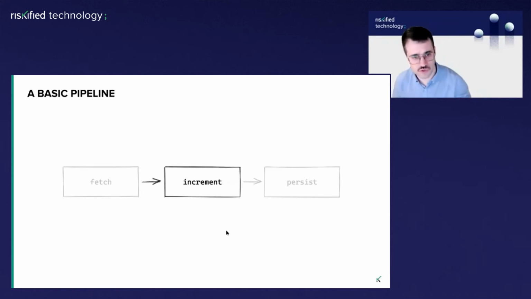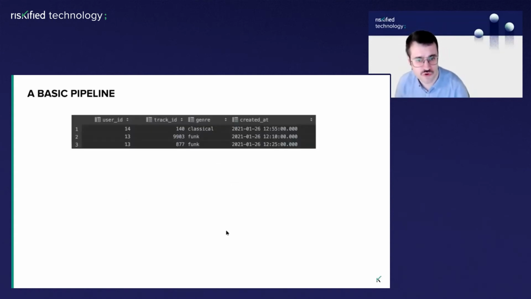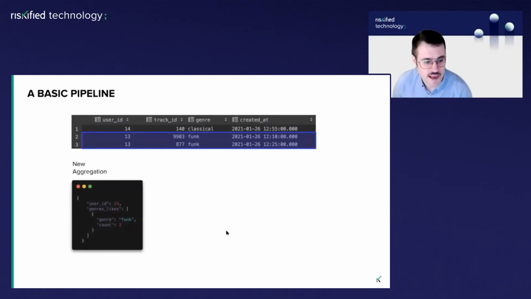The next thing we do is move on to the increment stage. The increment stage starts right where the fetch step just left us. We start by reading the data that we just fetched. What we want to do is look up all the likes done by a specific user and enrich the aggregation of the last hour based on that data.